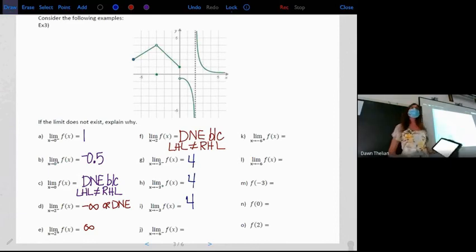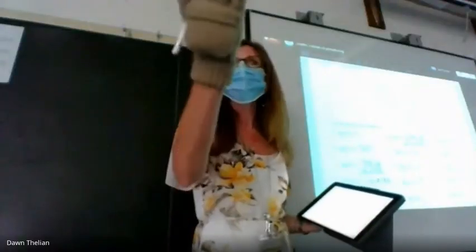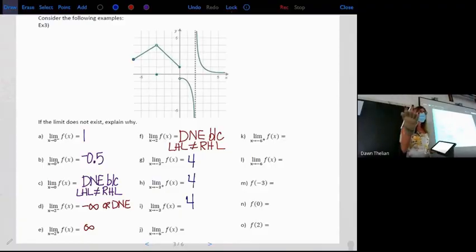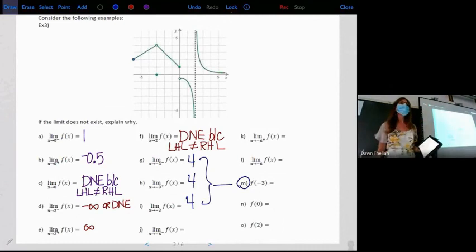But some of you might be sitting there like, well, what do you mean it doesn't matter? The hole in the graph means the y value doesn't exist. Why doesn't that matter anymore? Well, it doesn't matter because of the limit. The y value doesn't exist there, and that matters if I ask, let's jump to part M. If I just ask you for the y value, f at negative 3, that's just asking you to evaluate the function.